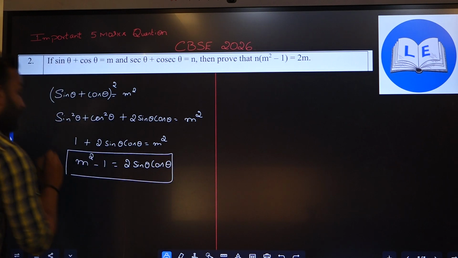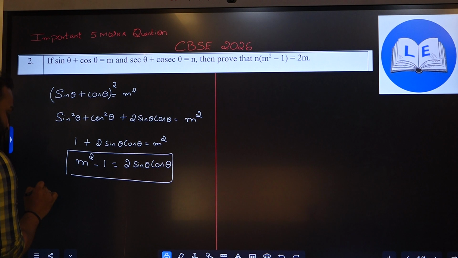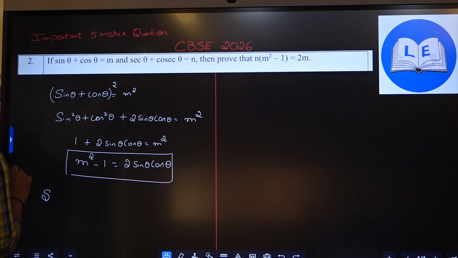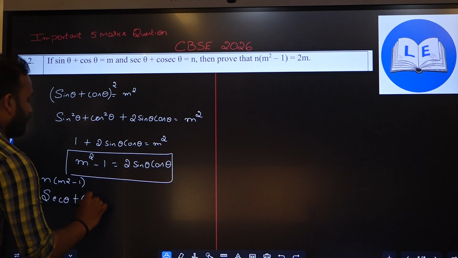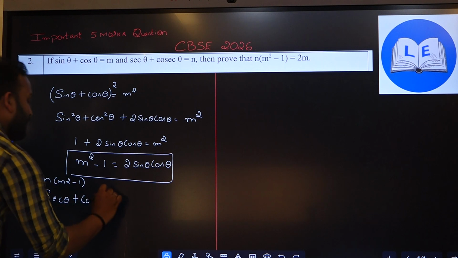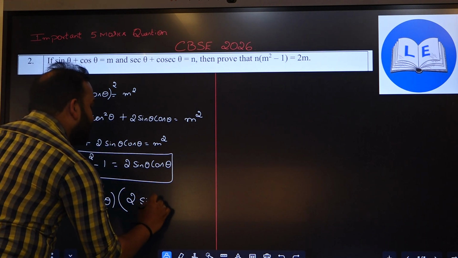Yes. Now, what is n into m square minus 1? N is given as secant theta plus cosecant theta, multiplied with what we got for m square minus 1 here, 2 sine theta cos theta.